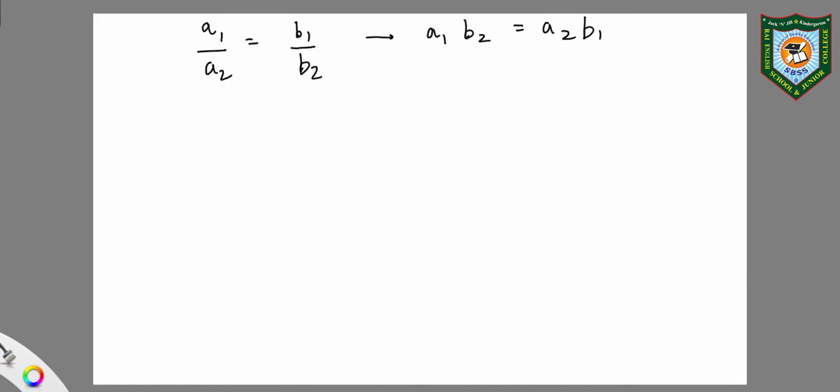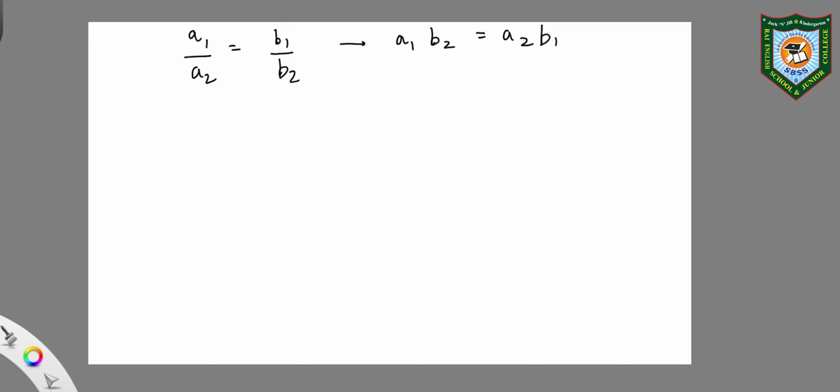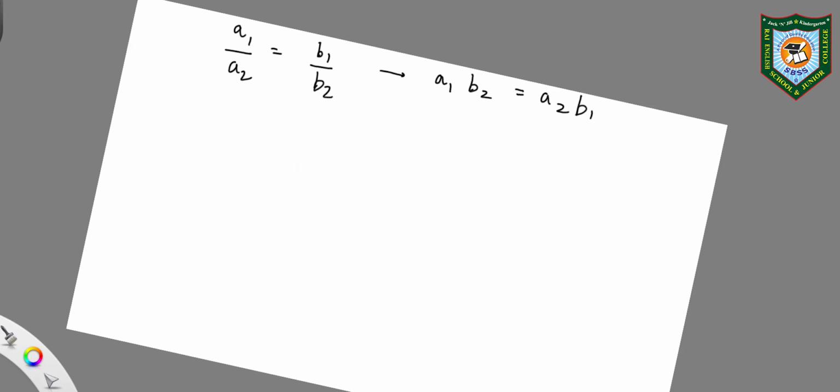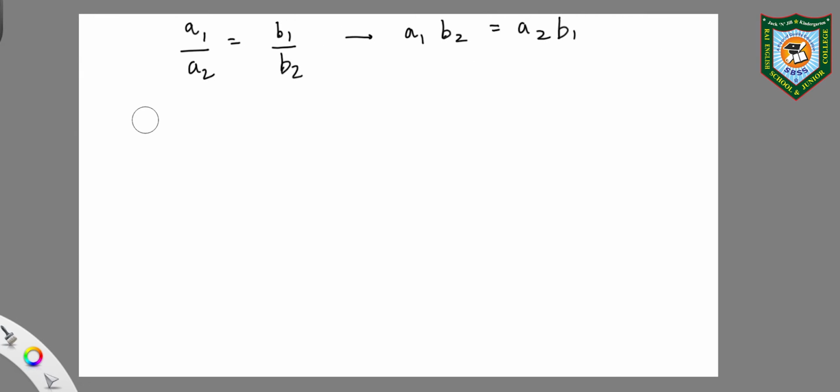Now how does this come in the sense of the question given in sub question 5? Our first equation is given as ax plus by equals c, and the second equation is given as mx plus ny equals d.